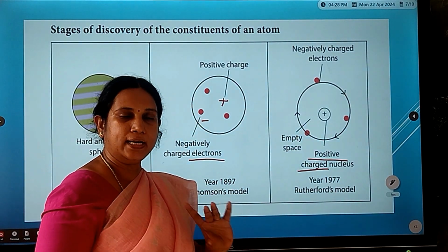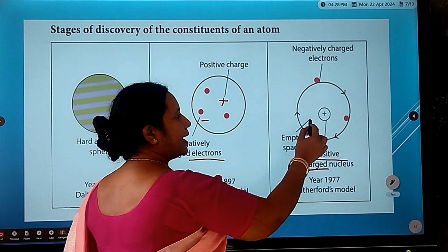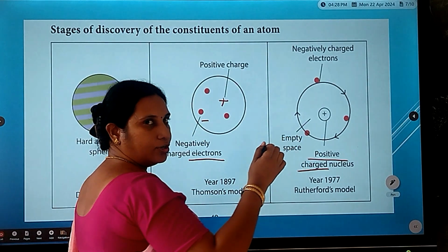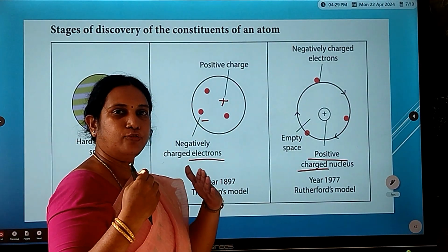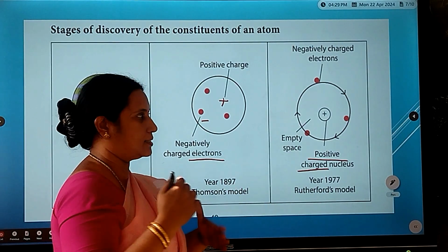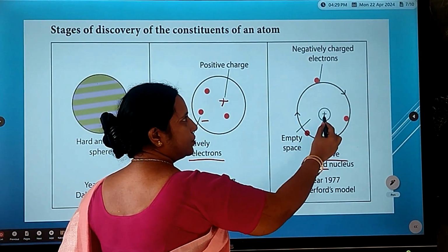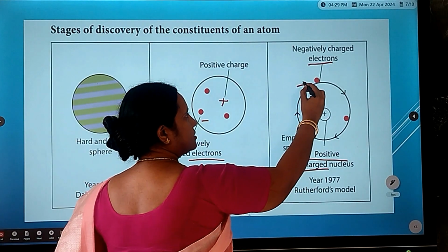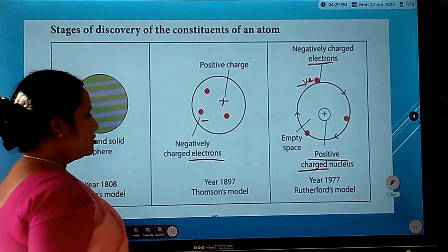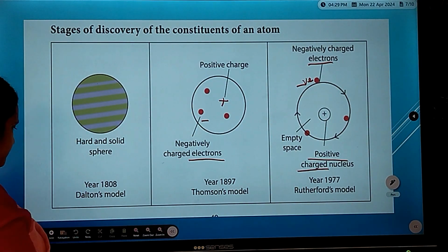The nucleus has only positively charged particles according to Rutherford, and it has empty space. I told you, no, the rays are not reflected back, they go inside the gold foil because of the empty space. Next, the electrons, which are negatively charged particles, are revolving around the nucleus. So these are the differences between the 3 types of theories, children.